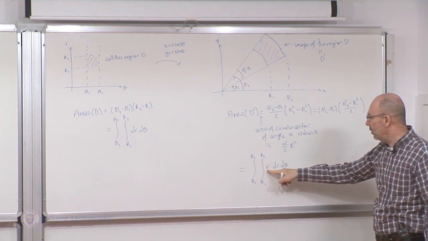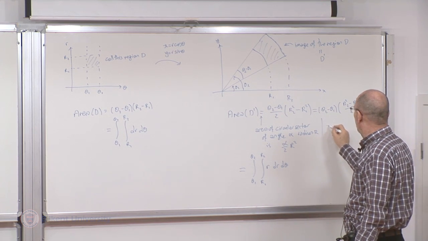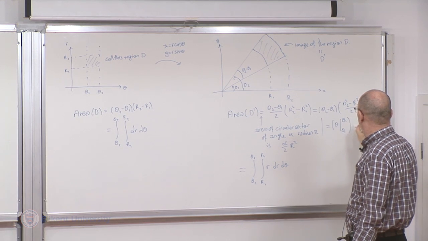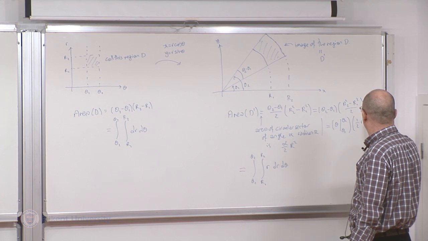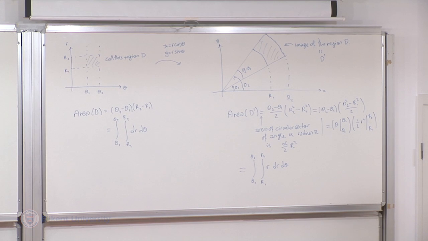So you integrate this, you get 1 over 2 r squared. So maybe I do one more step here, theta from theta 1 to theta 2, and 1 over 2 r squared from r1 to r2, which is now equal to this.